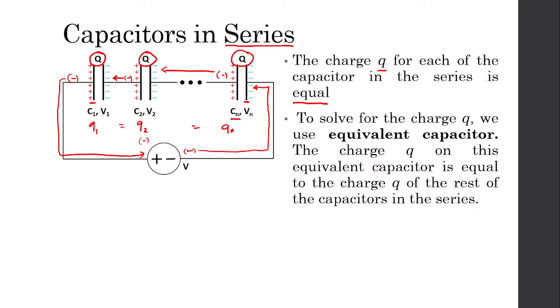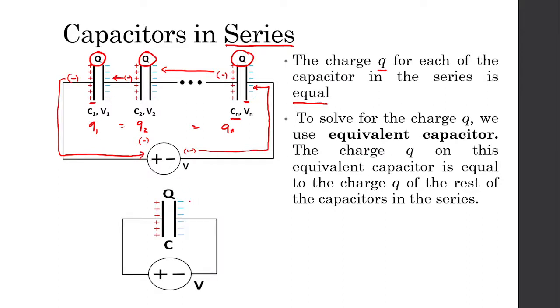Okay, remember, for series. Moreover, if you want to measure the charge or the Q for each of the capacitors, you can use what we call an equivalent capacitor. Equivalent capacitor is basically an imaginary capacitor wherein we denote a single capacitor. For example, this is your equivalent capacitor. This equivalent capacitor is basically representing all the multiple capacitors you have in the series.